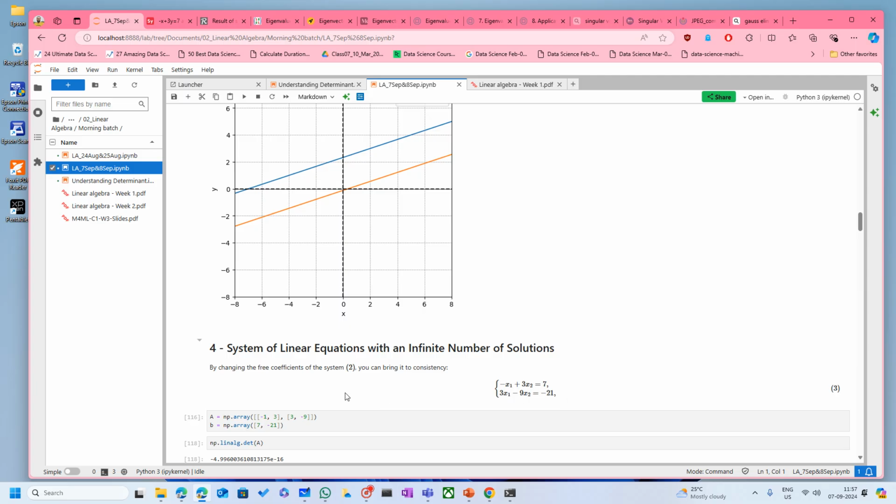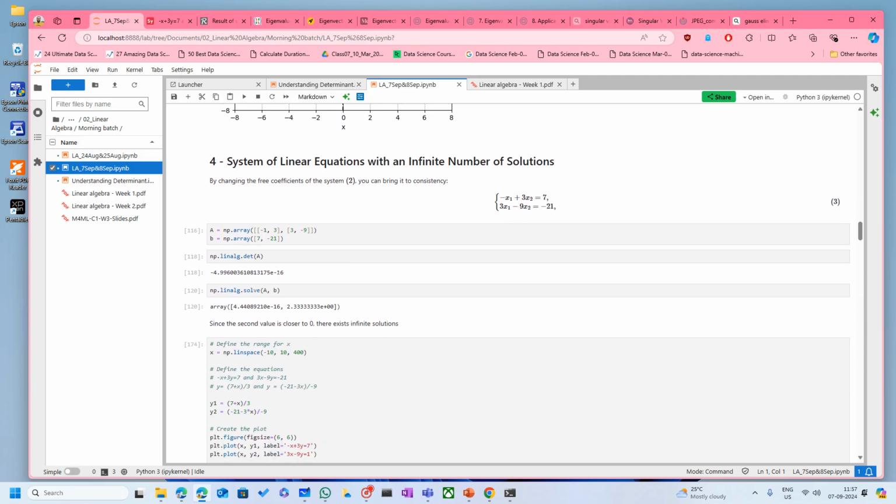When you have such multiples, and you try to calculate the determinant, it is extremely small or negligibly 0. Or when you try to solve the equation, the values are very small. This is 0, this is almost 0, and e to the power of minus 16 is extremely small.